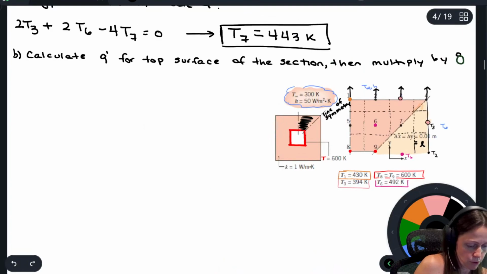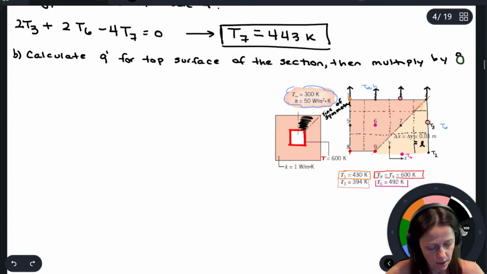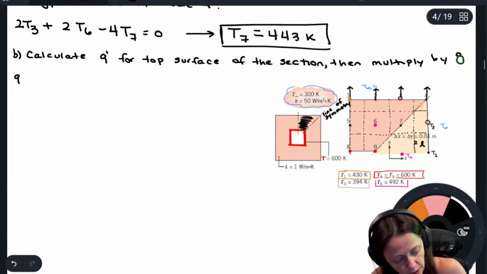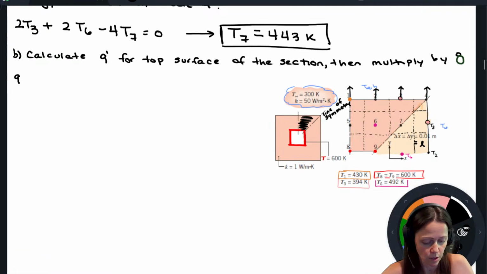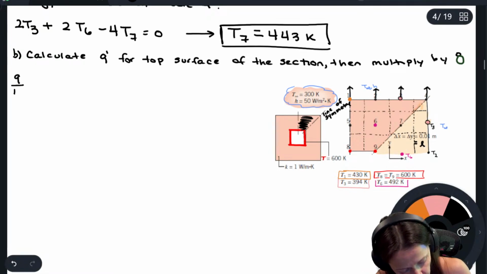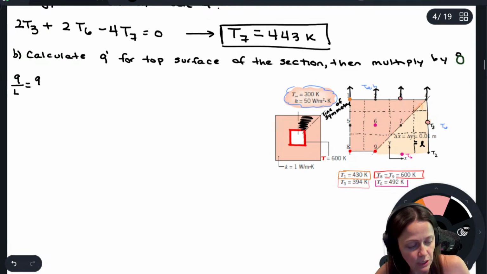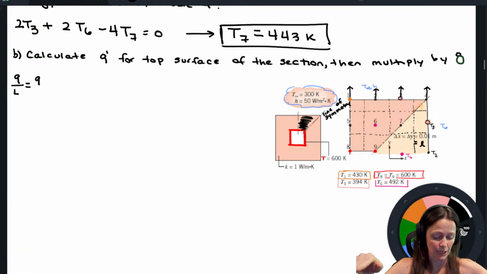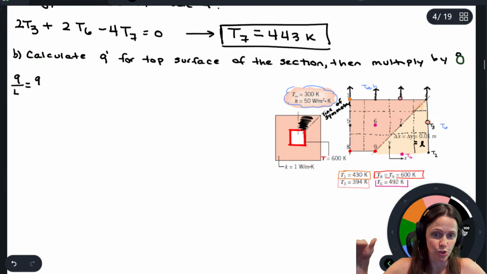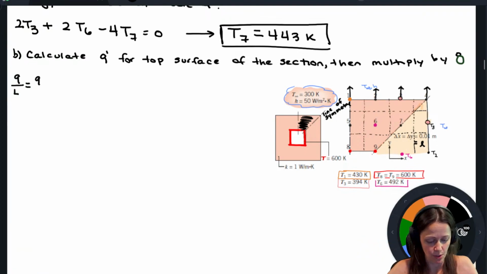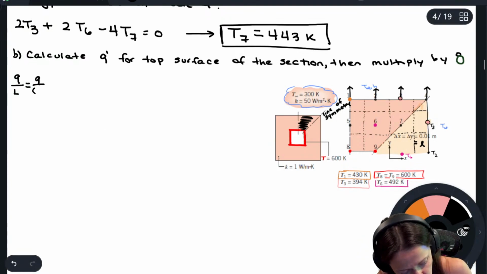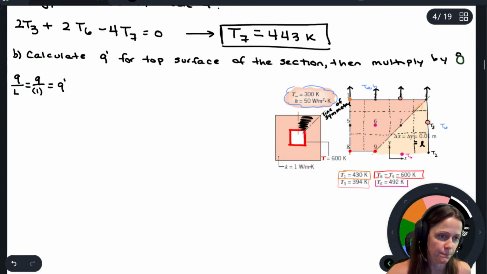So that first one, Q per unit length. And per unit length, it's length into the screen, because this is just a channel. We're looking at a cross section. So it's Q into the screen. That's this guy right here.